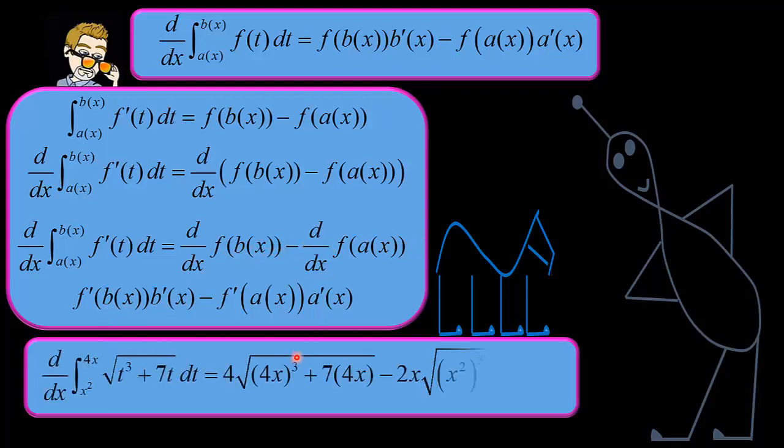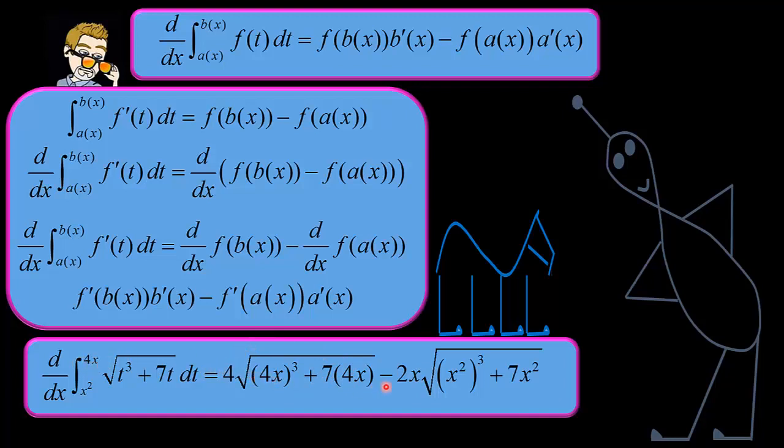Now let's look at an example down here. Okay, here we've got this thing, and we're going from x squared to 4x. So first, I'm going to take the 4x and plug it in place of t. There it is. Instead of t cubed, it's 4x cubed. Instead of 7t, it's 7 times 4x. And then I multiply by the derivative of this top limit right here. See?